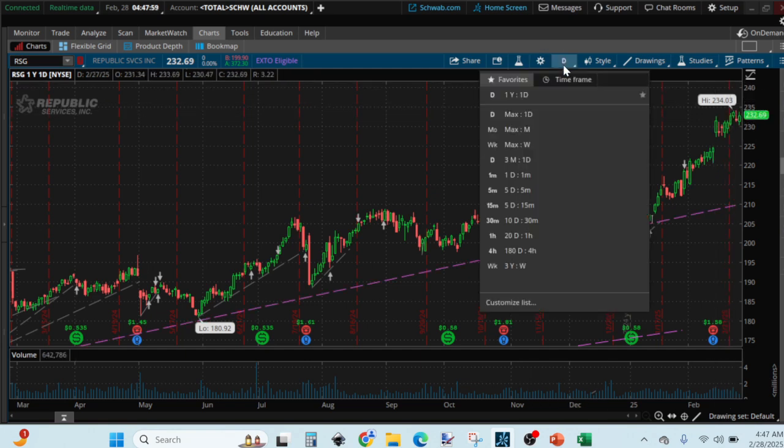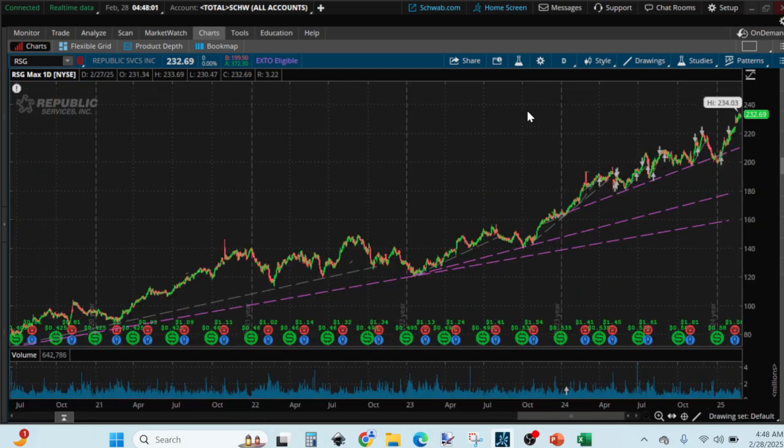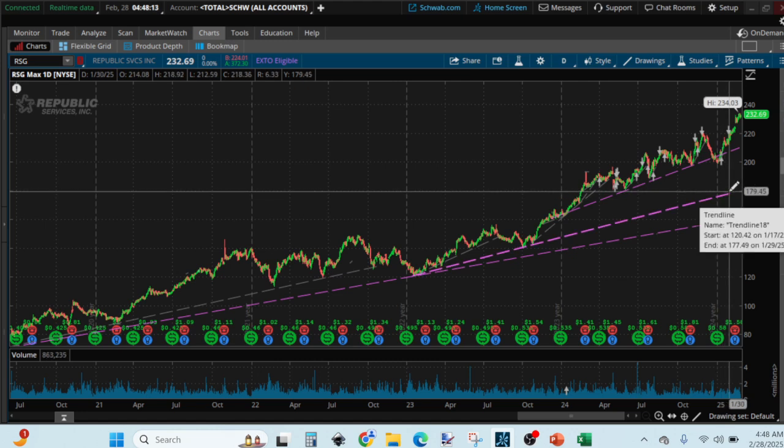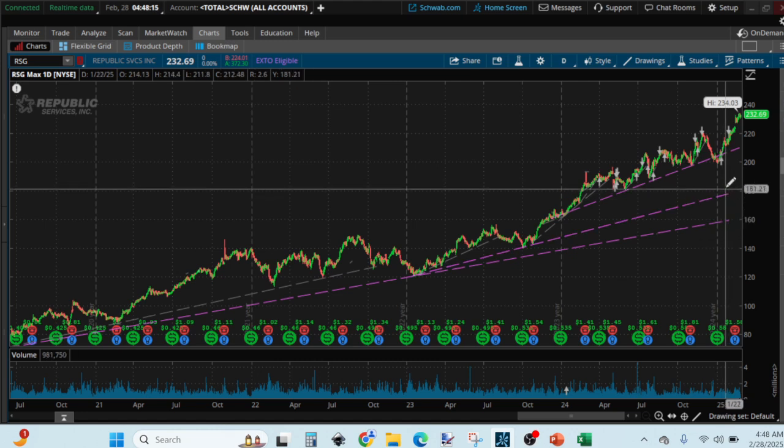So if you go to maximum daily chart, we have three lines that we highlighted to work with, and I think this will be a more comfortable place for us to buy it again.